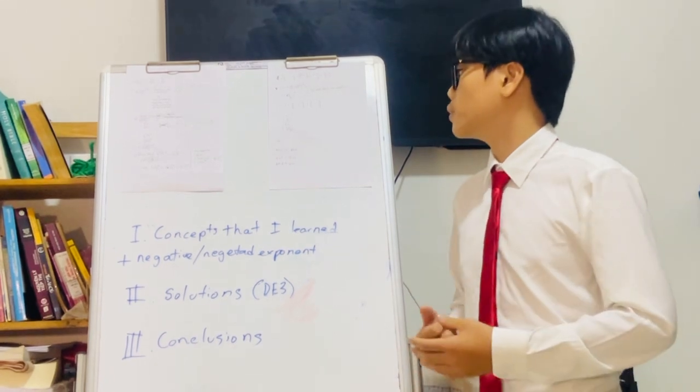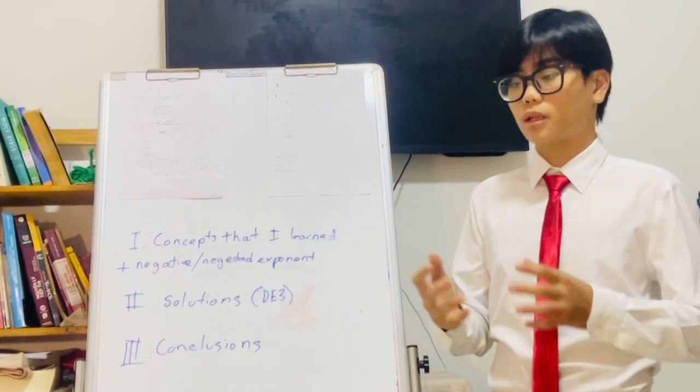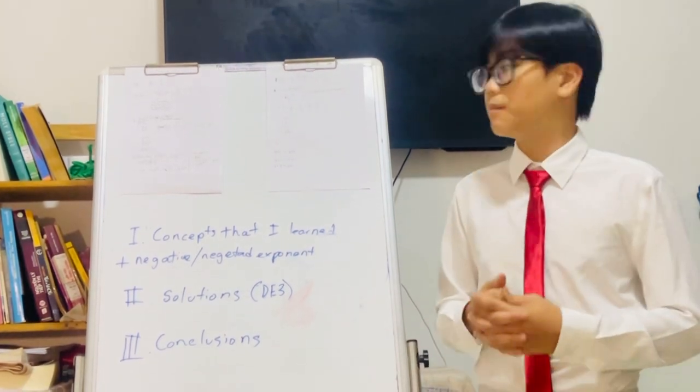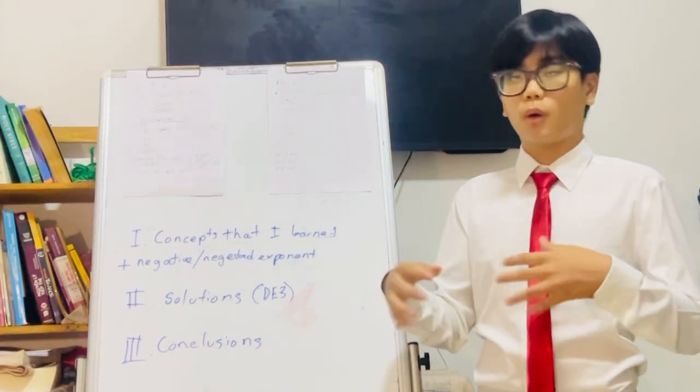Because of the negated exponents, which switch them up, it becomes a divided by b to the power of n.